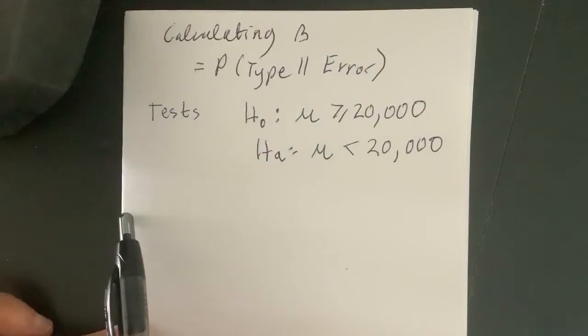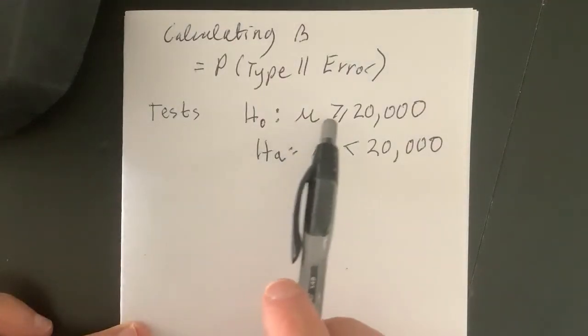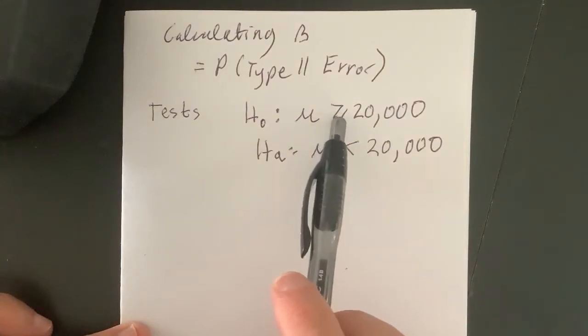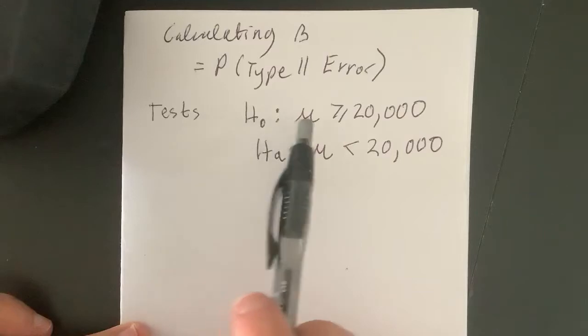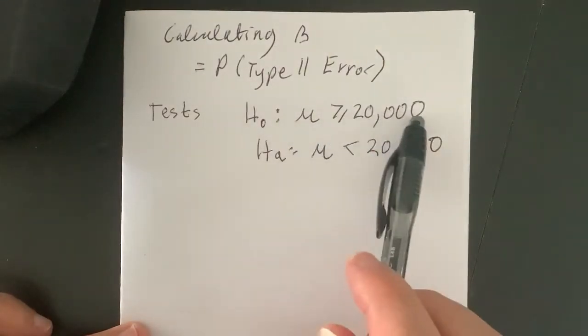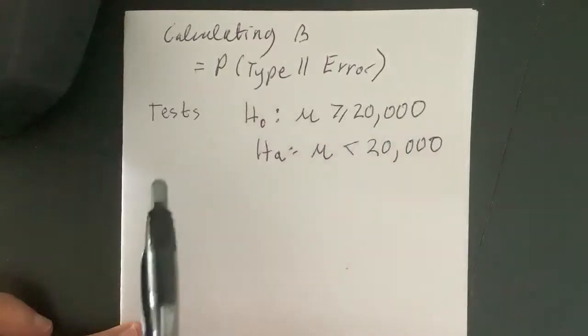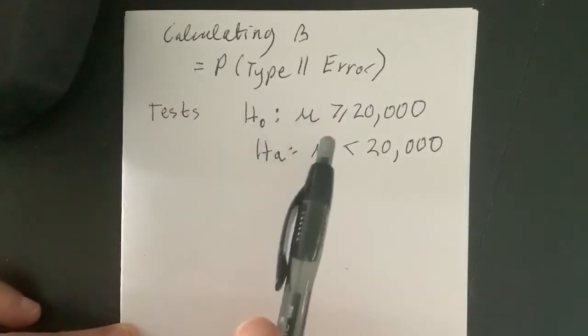Now, one thing you notice the book does is they just use the equality here. You notice when we calculate type 1 error, we were always taking the boundary point here at 20,000 to be the condition that was true, because that would make the probability of type 1 error the highest.